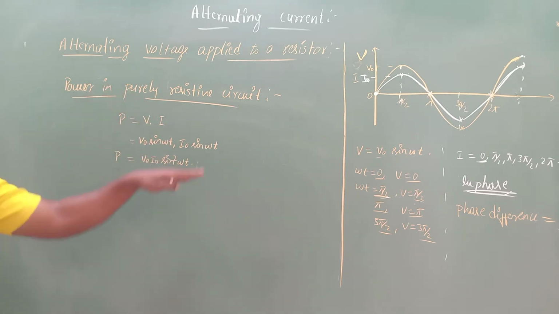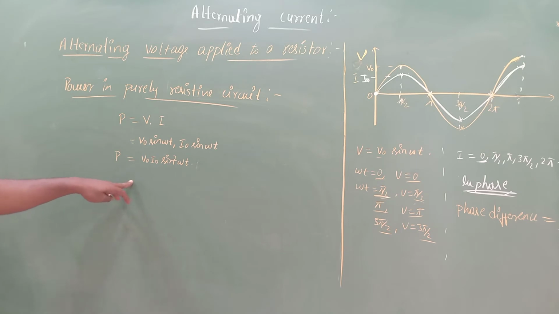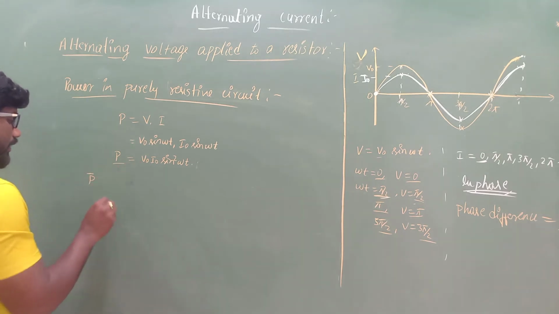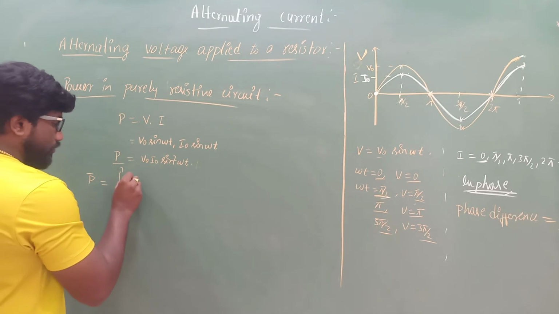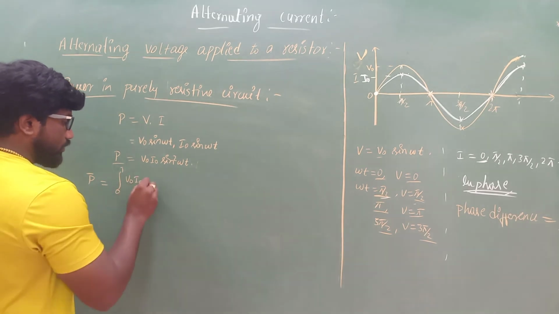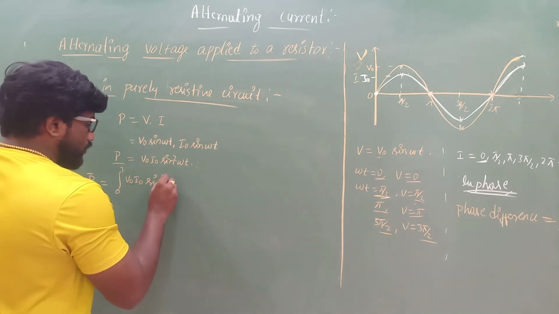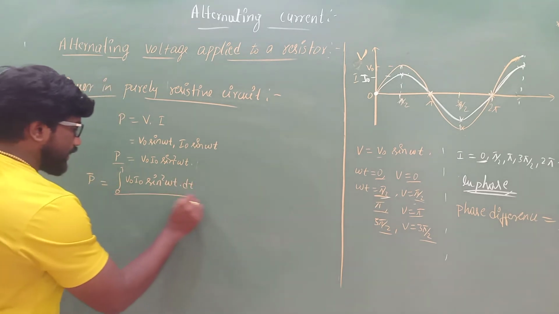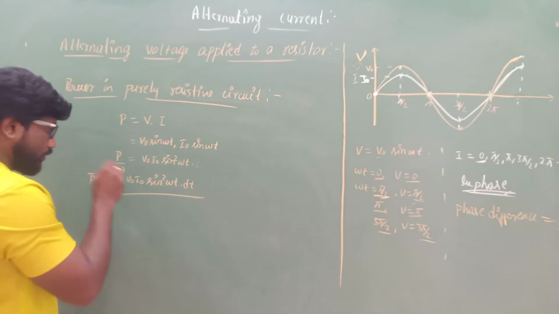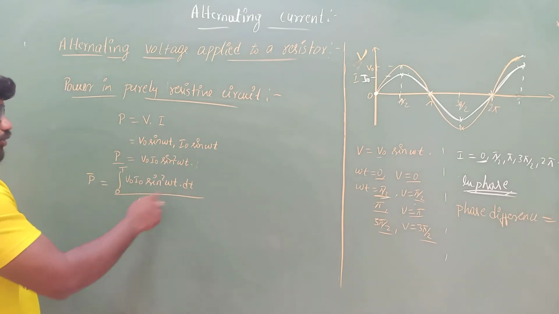If you want to find the value of average power in one complete cycle, that can be written as P bar is equal to integration from 0 to T of V naught into I naught sine square omega t into dt, divided by integration from 0 to T of dt, because you have to balance this.